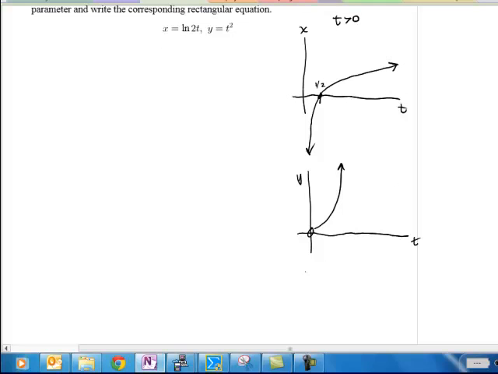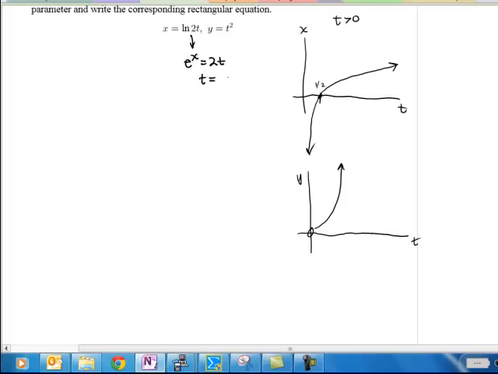If I solve for t in y's equation, I would have t equals positive or negative square root of y. Well, I don't want to mess with the positive or negative square root part, so let's not think about that. But if I solve this expression for t, I would have e to the x equals 2t.